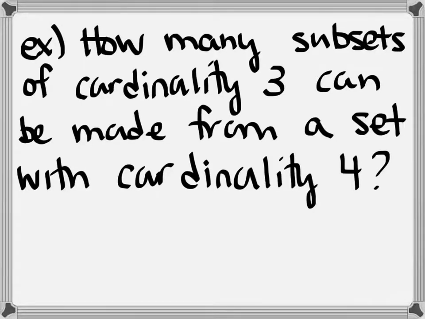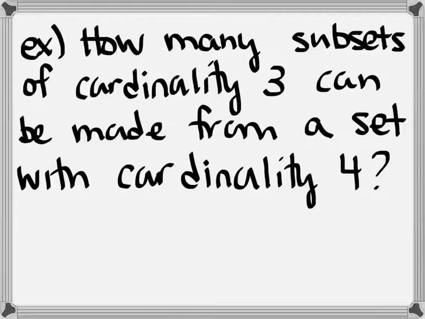Here's another problem that might seem familiar, because this deals with sets. I could ask, how many subsets of cardinality 3 can be made from a set with cardinality 4? Now, we're dealing with subsets, so you might say that there are 2 to the 4 subsets. That's certainly true because of our formula for counting subsets.